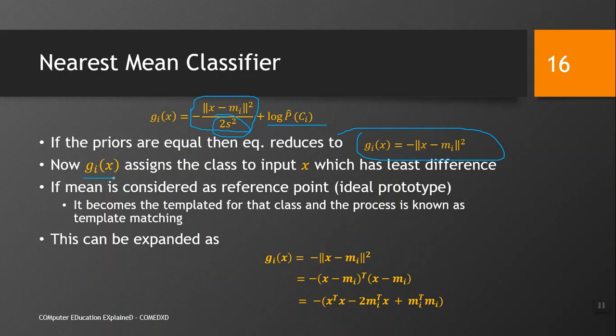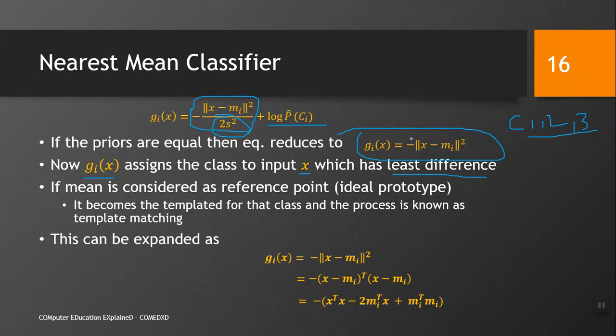Now, the discriminant function assigns to input x the class which has the least difference or distance. For example, in our particular case we have cars of 3 types, 1, 2 and 3.